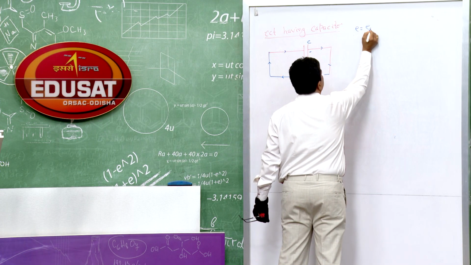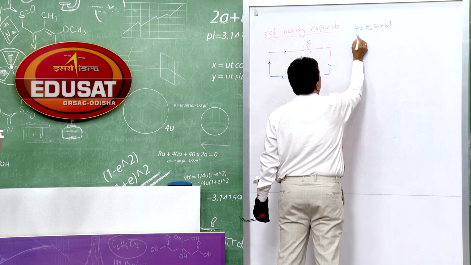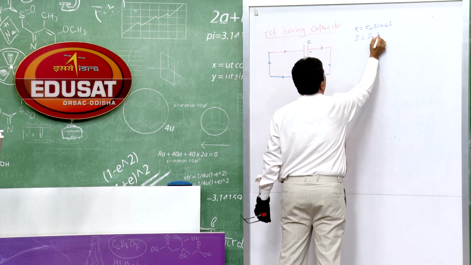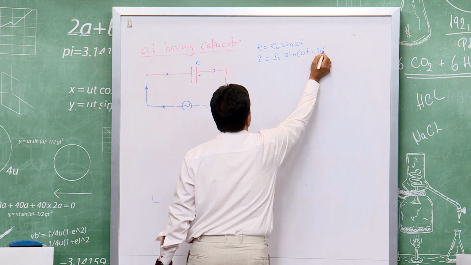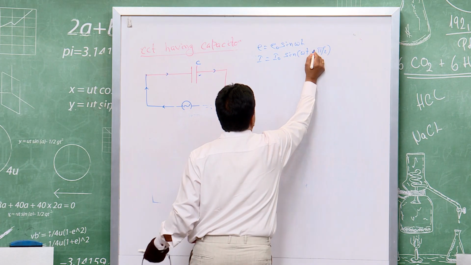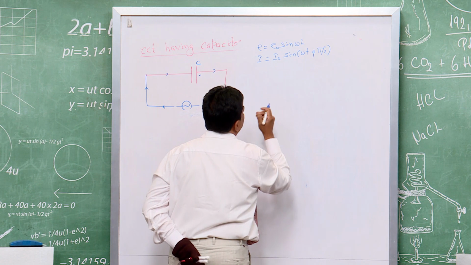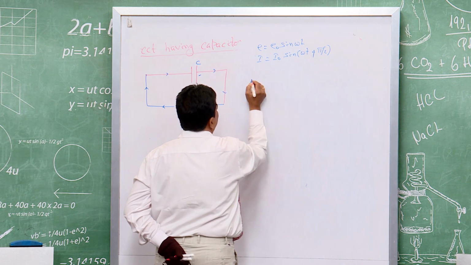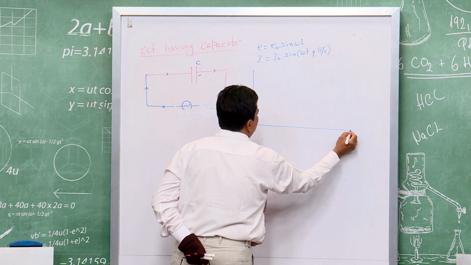E is equal to E0 sin omega t, but I is equal to I0 sin(omega t plus pi by 2). When this is plus pi by 2, you plot the graph.